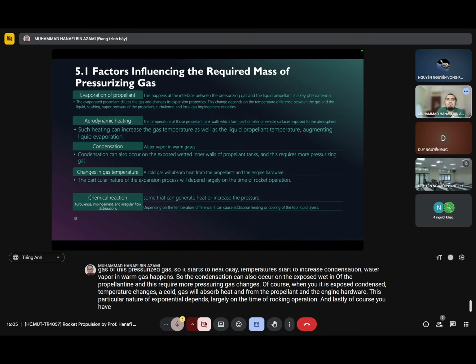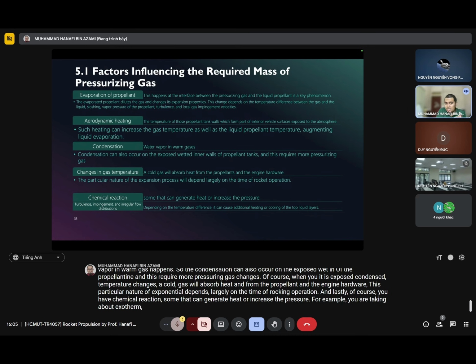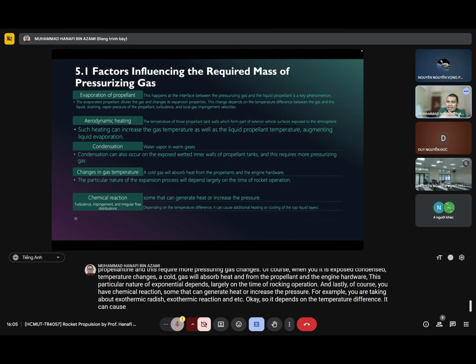And lastly, of course, you have chemical reaction. Some can generate heat or increase the pressure, for example, exothermic reactions and so on. It depends on the temperature difference. It can cause additional heating or cooling on top of the top liquid layer.